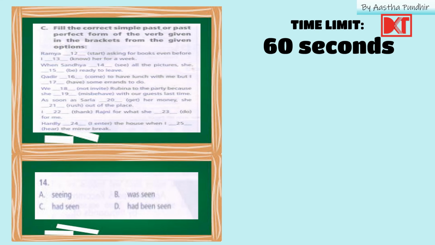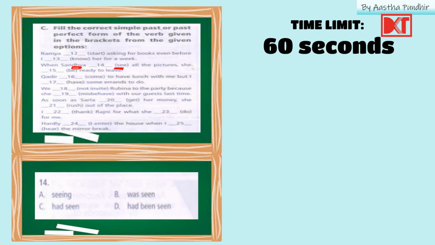Alright, next. When Sandhya dash all the pictures, she dash ready to leave. Okay, now when Sandhya: seeing, was seen, had been seen. Here we have to form what? Simple past to past perfect. Here we'll be having past perfect. When Sandhya, for see, we first see the subject. Subject is Sandhya, third person. With third person we use had.